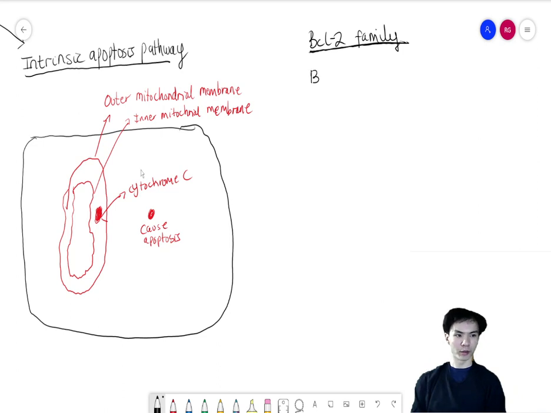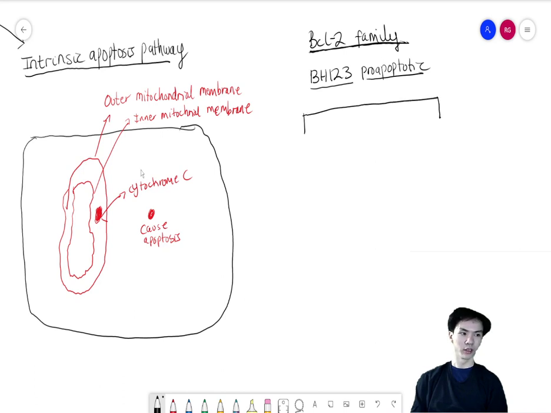So first, we're not going to talk about BCL2. We're going to talk about the BH123 pro-apoptotic proteins. So BH123 is named BH123 because it has BH1, BH2, and BH3 domains.